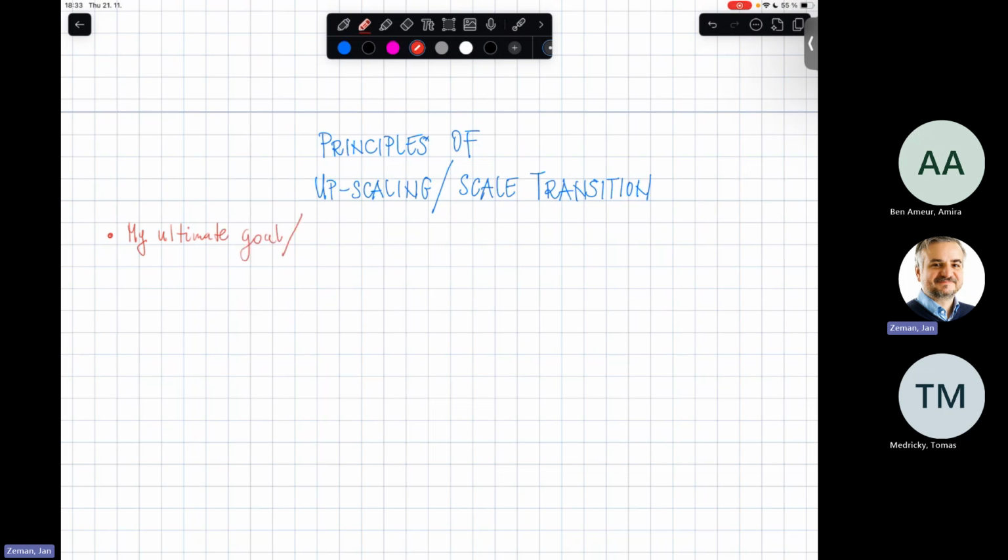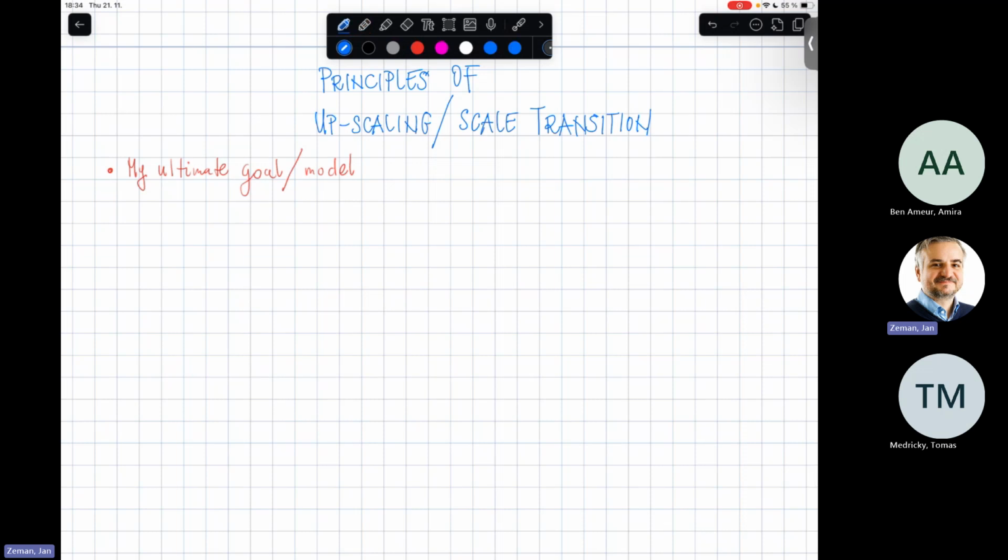Or my ultimate model, if you would like to call it in this way. So basically, the thing is not so different from this variational approach to homogenization. So what I'm eventually after is the following mind setup.